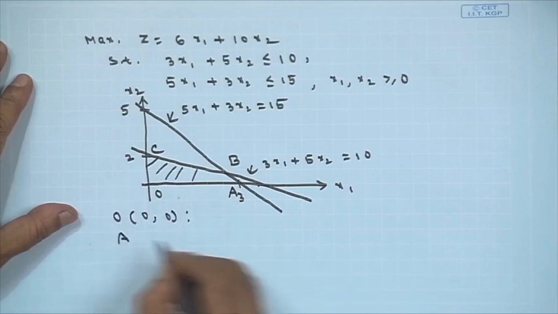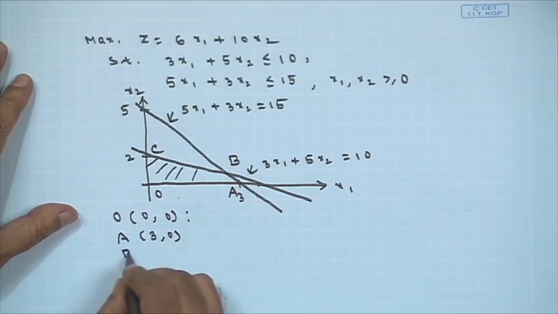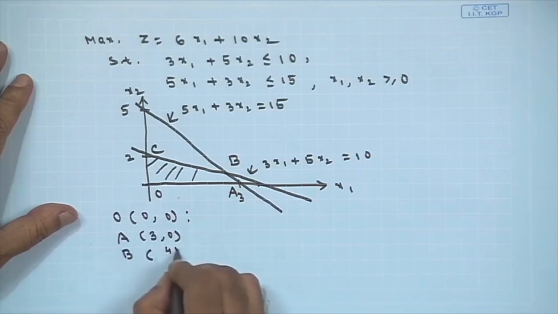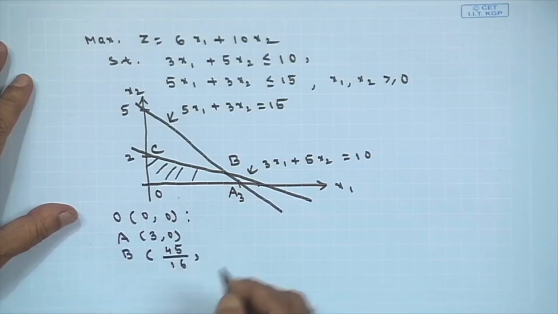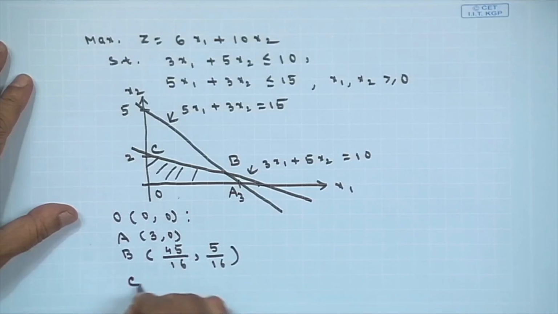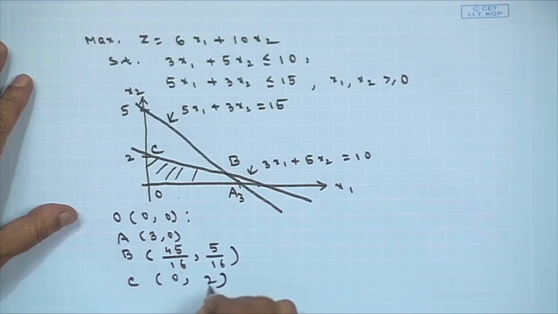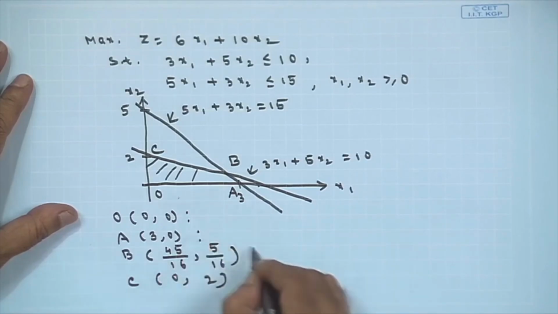Your point A will be 3, 0. Point B is, if you solve it, 45 by 16 and 5 by 16, whereas your C will become 0 and 2. So, these are the 4 extreme points whatever you are obtaining.